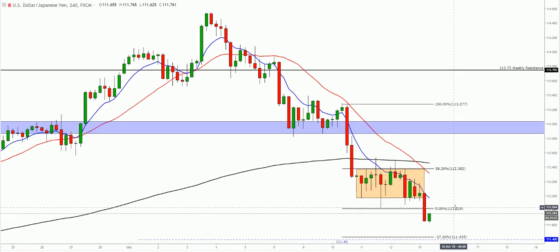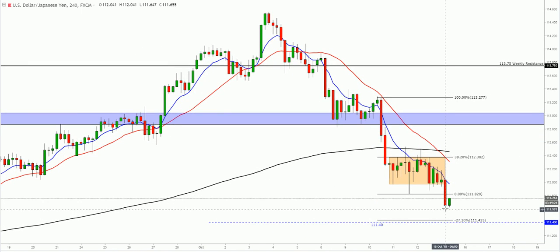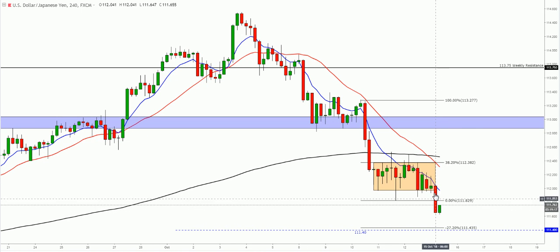Now that closure at 10 AM was incredibly bearish, a bearish Marubozu candle, showing that the bears had control for pretty much the whole session, as we look down to that 111.40 level to be met.